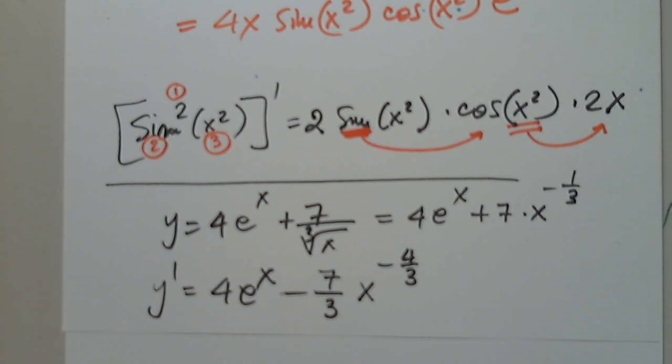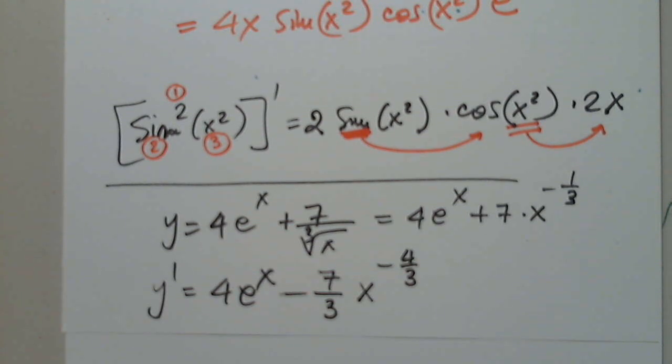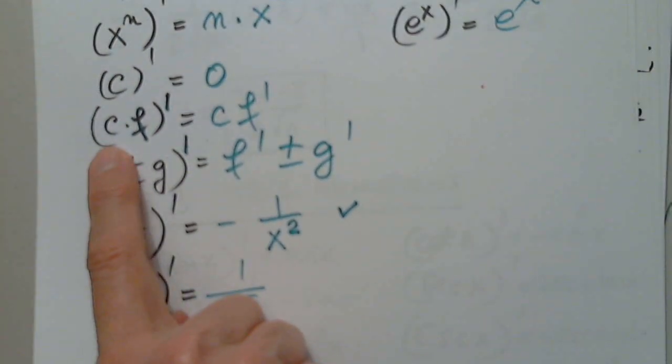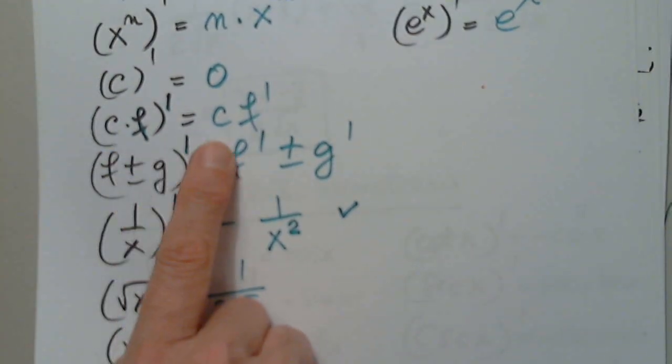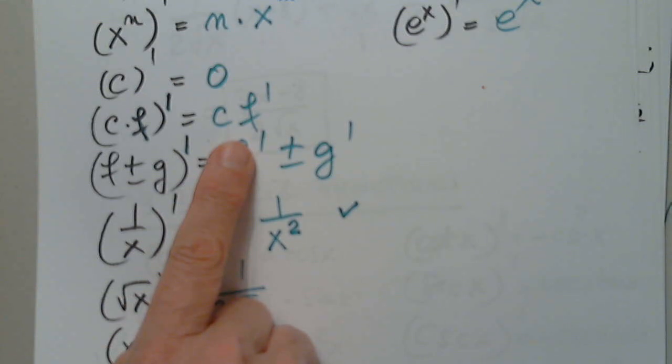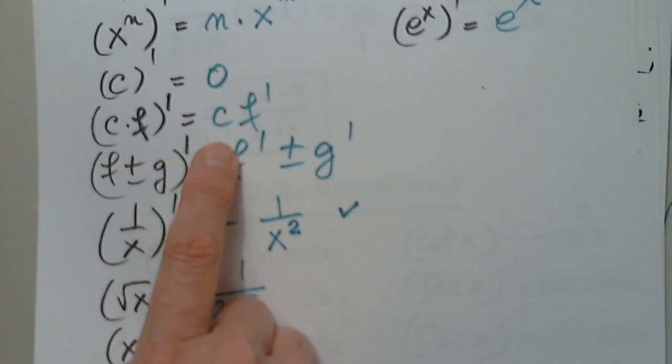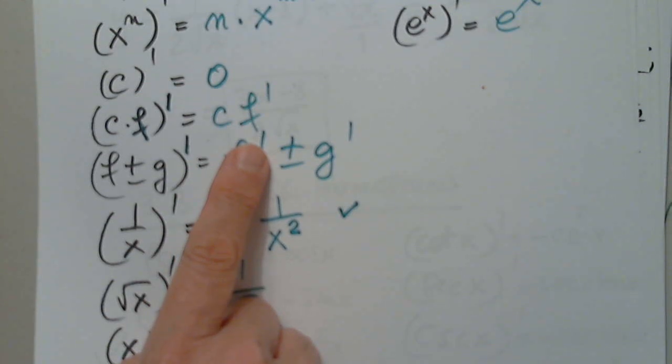Okay, so e to the x is e to the x. I've got that. But if e to the x has a coefficient, then it's still just the coefficient times e to the x. That coefficient does not change, because we have this rule: a constant times the function, prime, is the constant times the function prime.